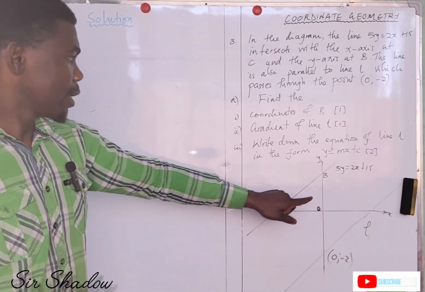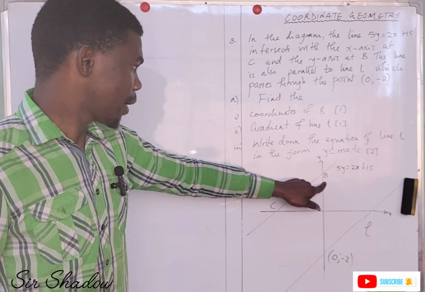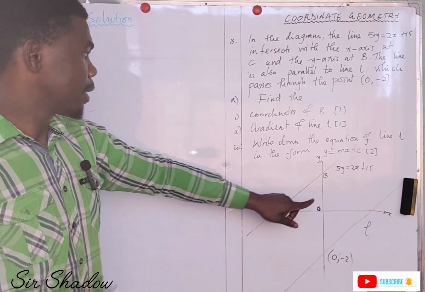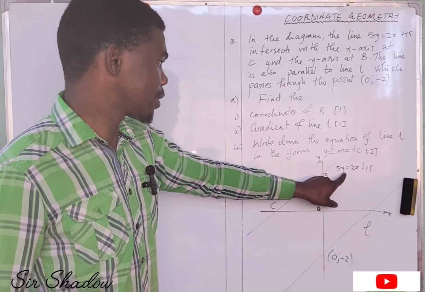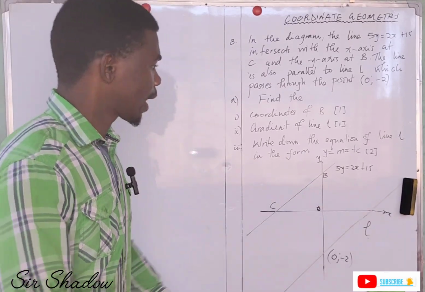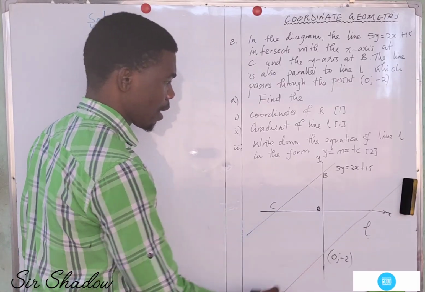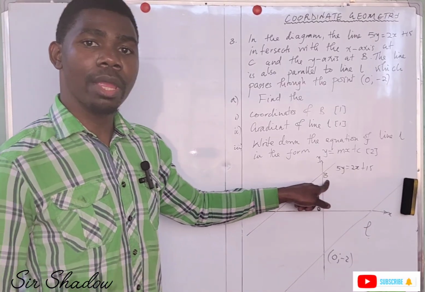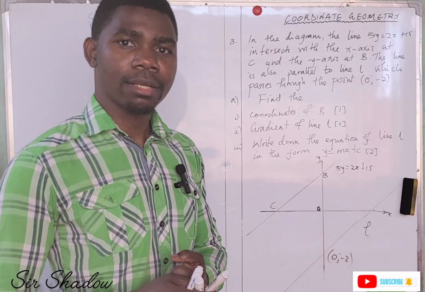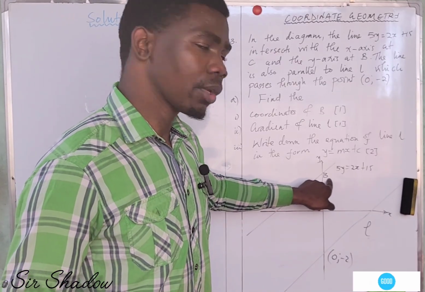Just remember, the coordinates of B are found where the line 5y equals 2x plus 15 cuts the y-axis, and also the x-axis. But we want to find the coordinates of B, where this straight line cuts the y-axis.